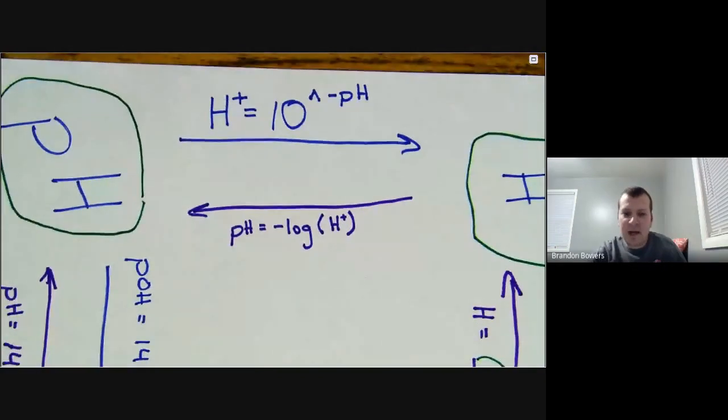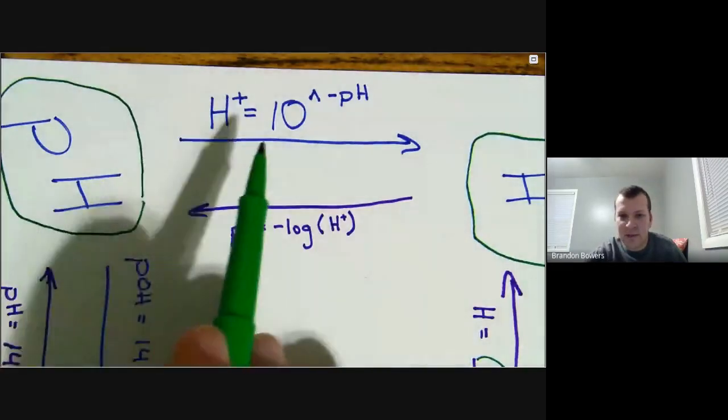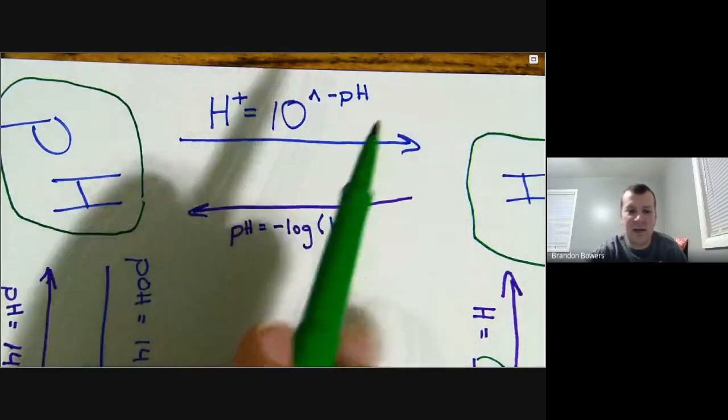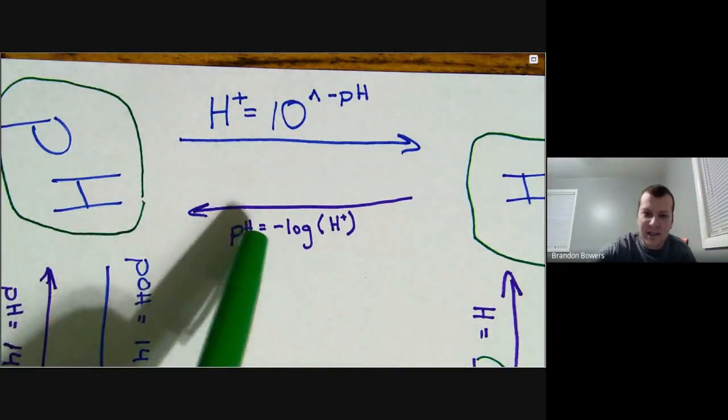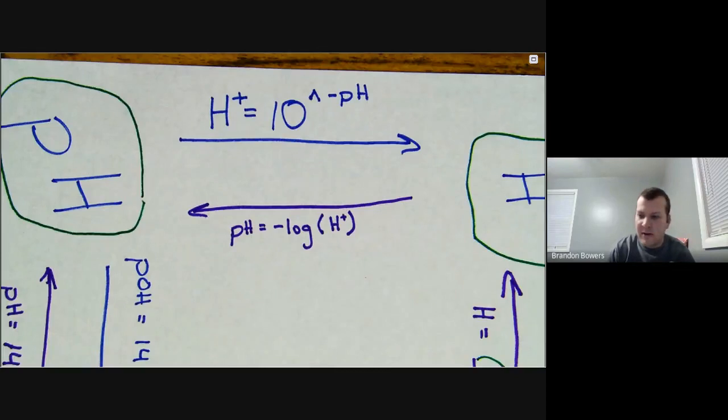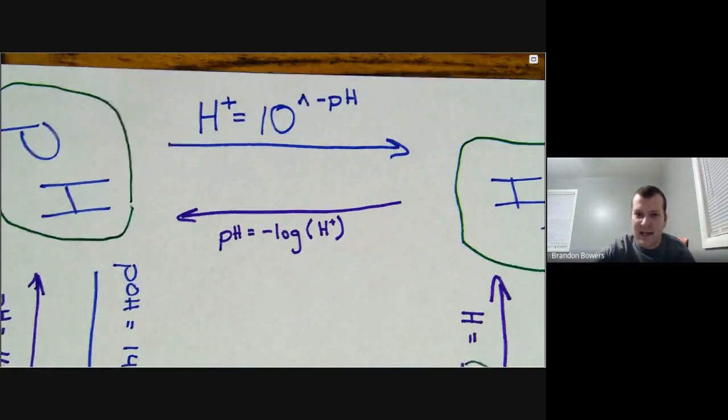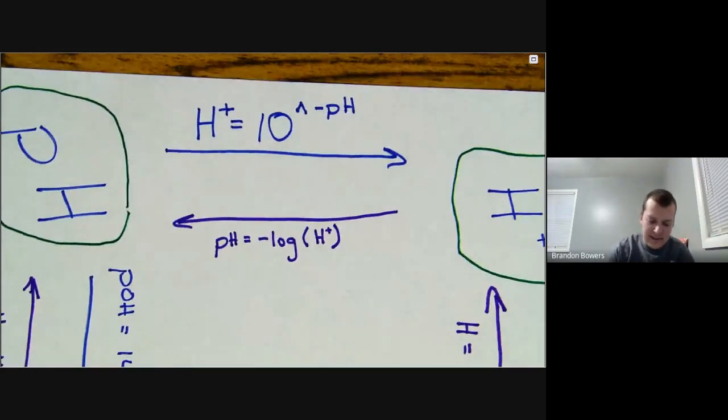is my H plus, so my H value is equal to 10 to the caret negative pH. And going to the left, my equation is pH is equal to negative log of the H plus value. All right, so take a minute to write that down, and that's it.